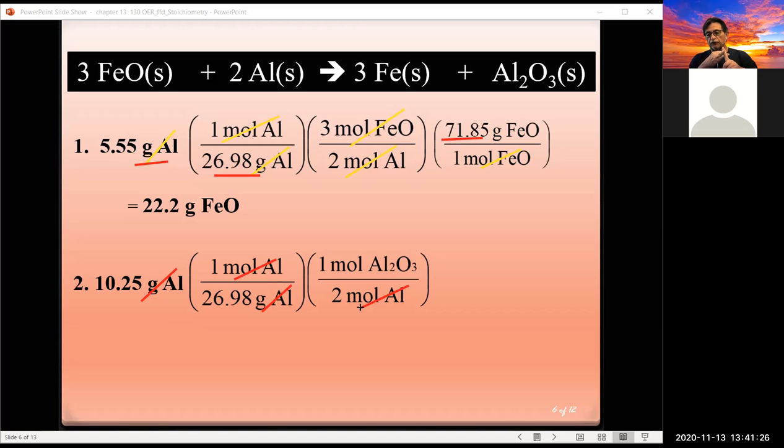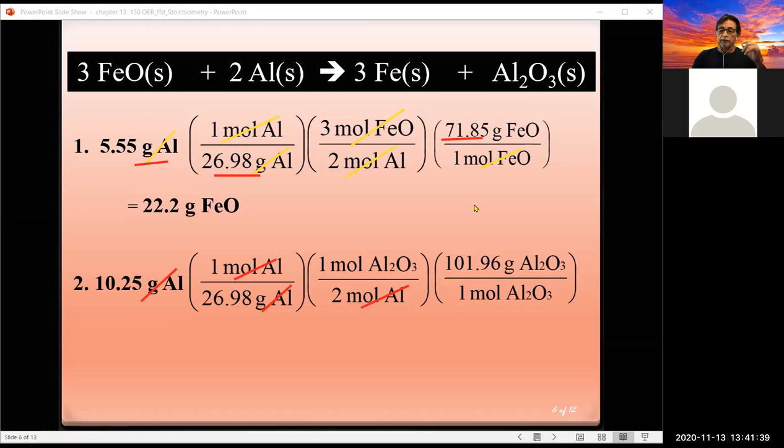Look up the atomic weight for oxygen. There's 3 of them, okay? So I have 3 oxygens and 2 aluminums, add up all the atomic weights, and I end up with a molar mass of 101.96 grams of aluminum oxide per mole of aluminum oxide, okay?